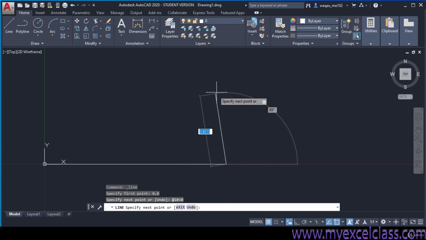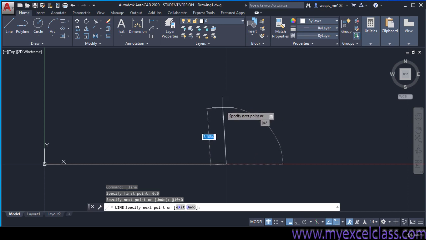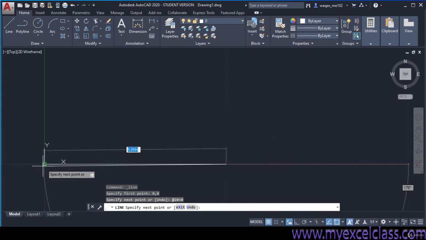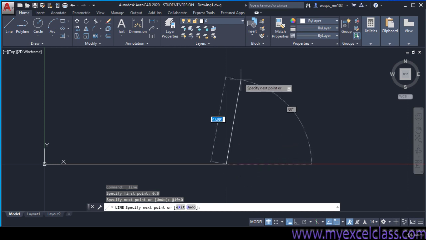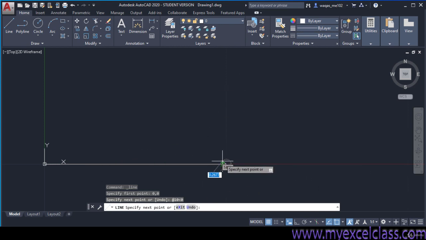So for the next line, what will be the next coordinate? It will depend on the length from the previous coordinate, and on the angle with respect to our reference coordinate system. In reference, this one is 0, this one is 90, this one is 180, this one is 270, and this one is 360.